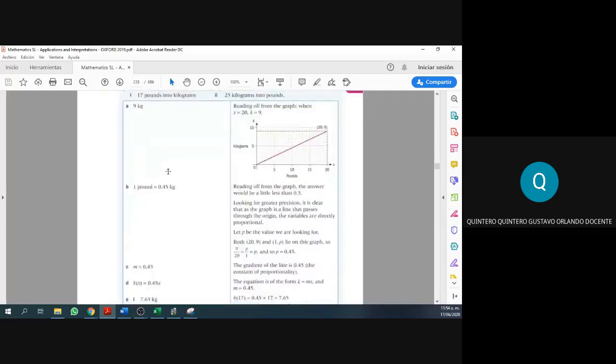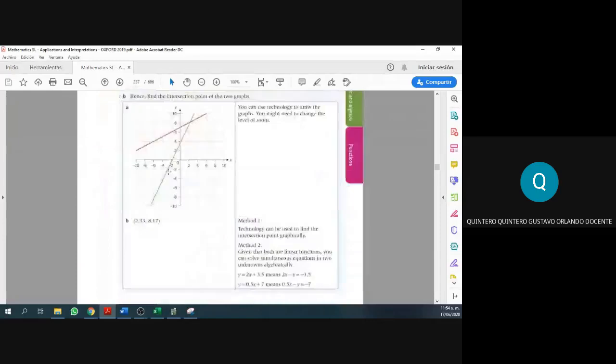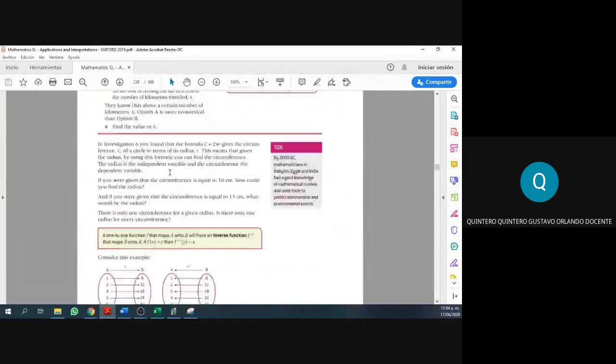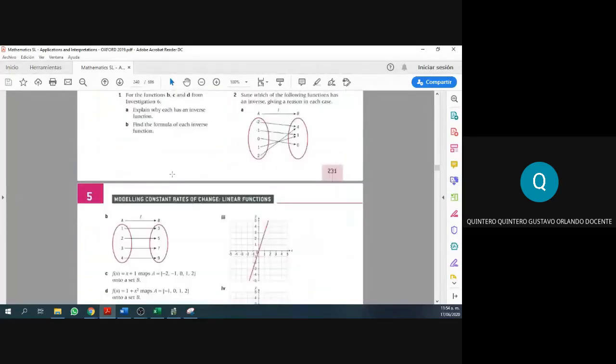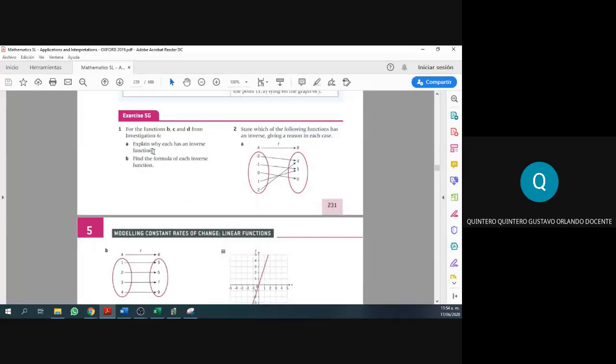Let's go down and see what the questions are. For functions B, C, and D from investigation 6, explain why each has an inverse function. Okay, an inverse function. What is that?